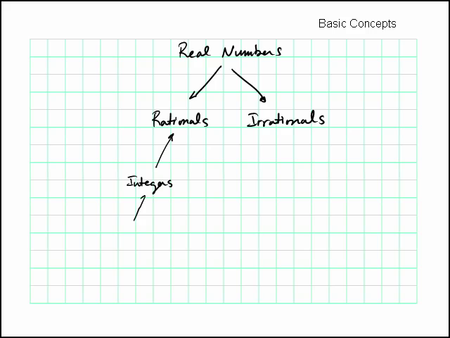Within integers, you have whole numbers, and within whole numbers, you have natural numbers. So for instance, a natural number such as the number 5 is also a whole number, it's also an integer, it's also a rational number, makes it a real number as well. 5 is all of those. It's everything except the irrational.